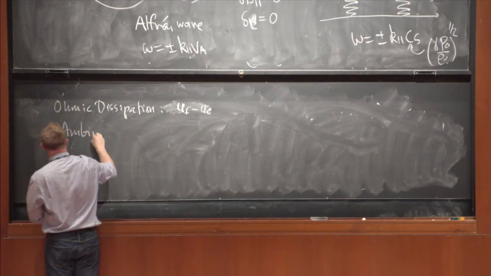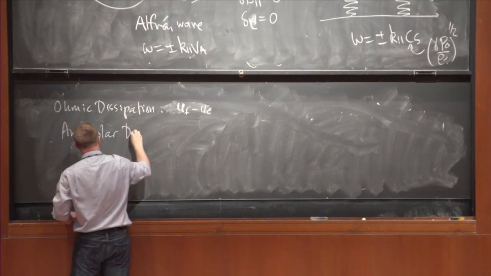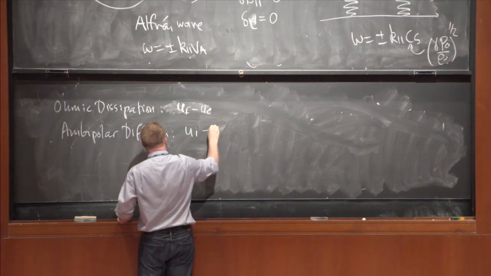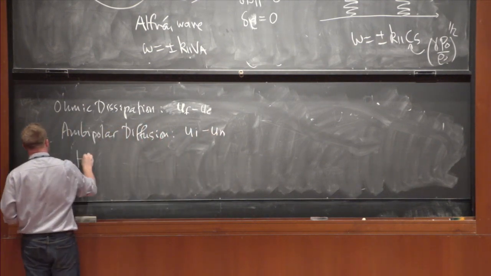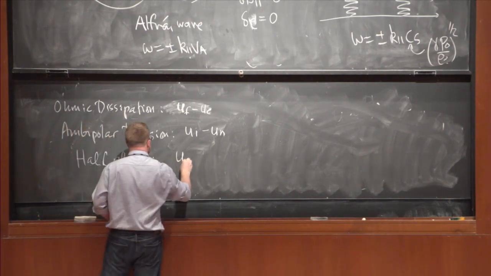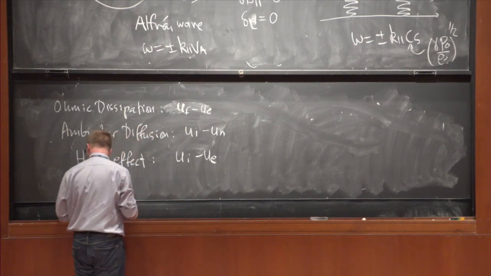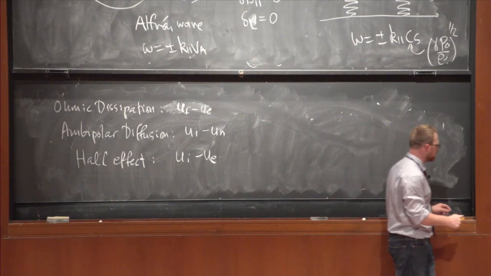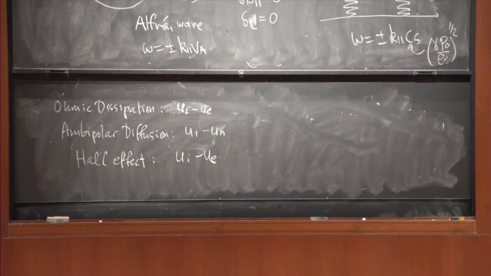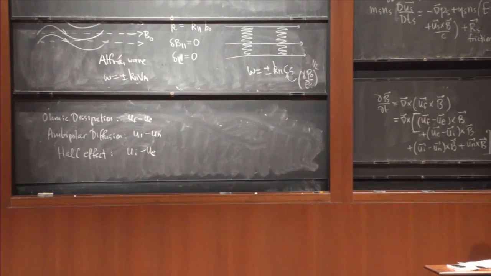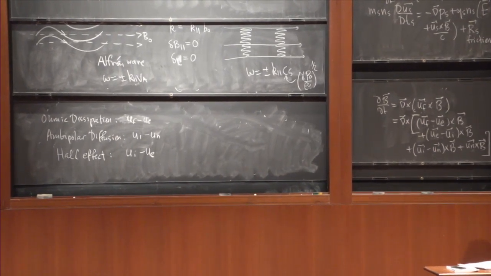Something called ambipolar diffusion, which is related to that term. And something called the Hall effect, which is that. I'm speaking quite roughly. If you had additional ion species, or if you had a bunch of grains like you do in protoplanetary disks, there would be additional species. I give you a reference in the notes where you can follow up on that if you're interested in adding even more species to a plasma.